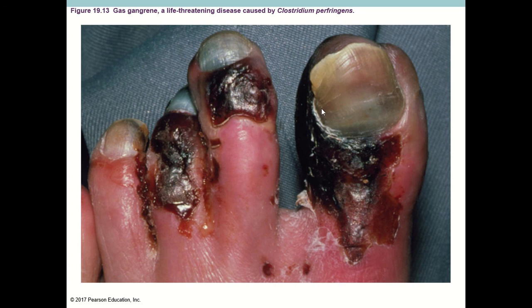Again, hoping that the bacterium doesn't make it to the nerves. If it does make it down to the nerves, then the patient would lose two aspects. They're going to lose the motor aspect of the toes, in this case. Motor meaning movement, so they're not going to be able to move the toes, so they're going to have limited movement of the toes.